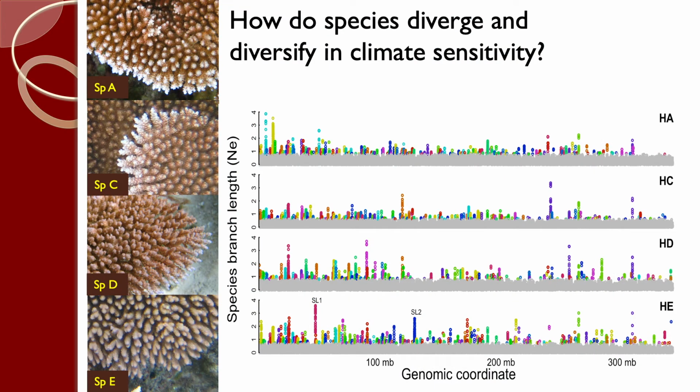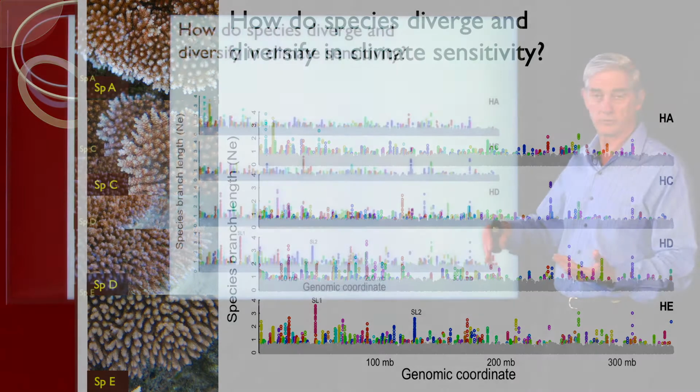So then we go to the next stage and ask, across the genomes of these species, how do they differ? How do individuals differ from one species to the other? What this graph shows, across about 330 million bases of coral genome, is the differences between individuals of species A and the rest of the species, and C, D, and E to the rest of the species.